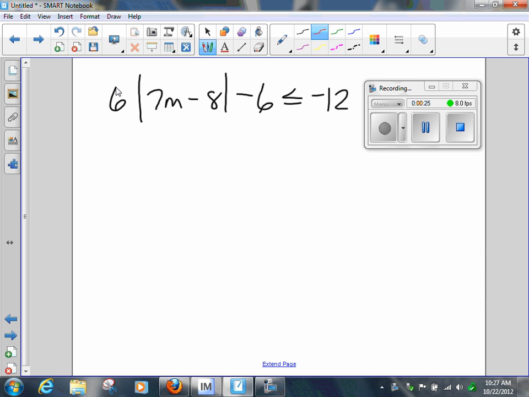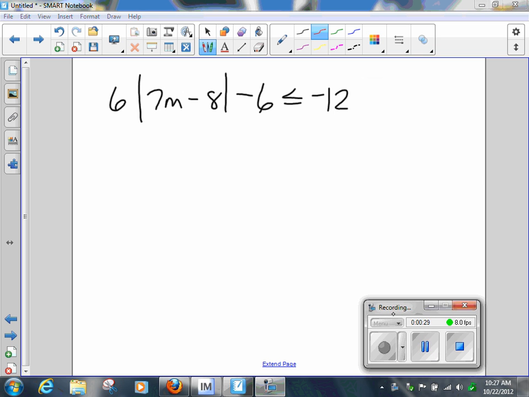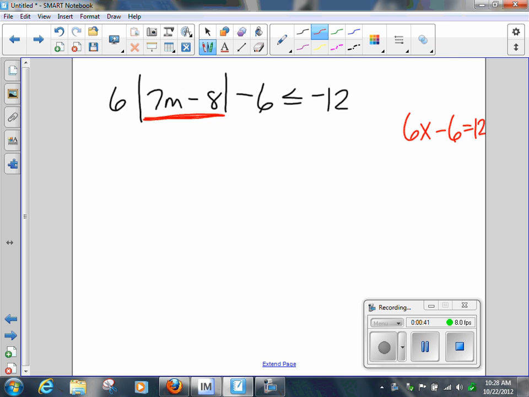Add it. If you are unsure of what to do, rewrite the absolute value as one variable. Check this out. 6x minus 6 equals 12. How would you solve that equation? You'd add 6 to both sides, wouldn't you? Same thing I'm going to do here.